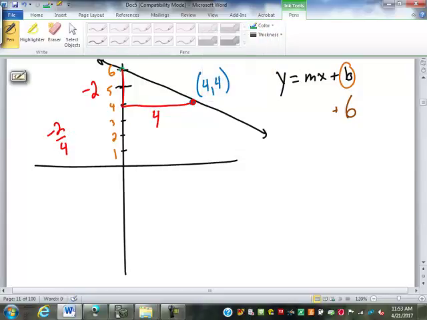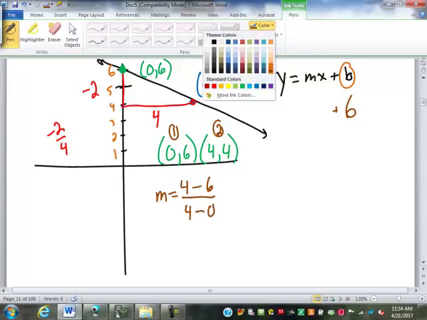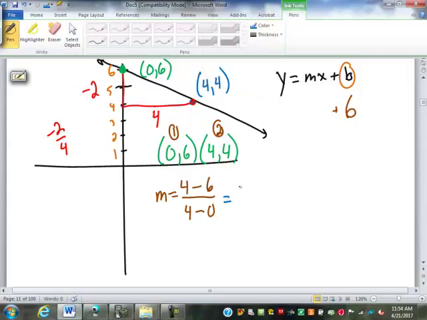Or this point here is the point 0, 6. And I now have 2 points to use to find my slope. So I label this point 1 and point 2. My slope will be y2, which is 4, minus y1 of 6, over x2, which is also 4, minus x1 of 0. 4 minus 6 is -2. 4 minus 0 is 4.